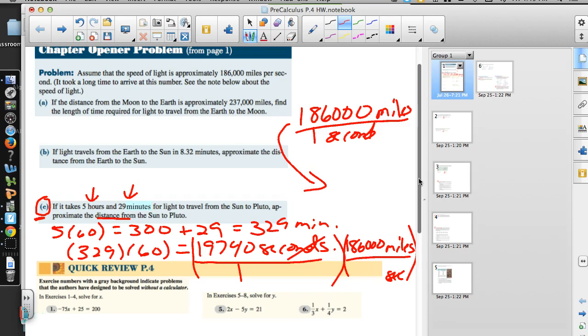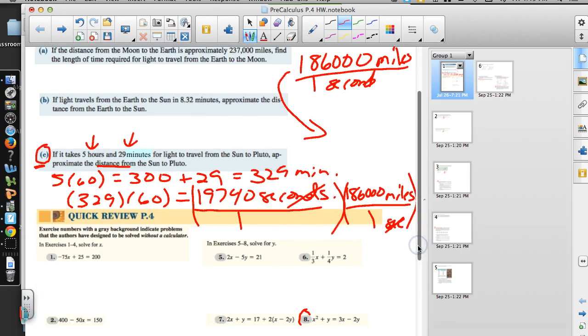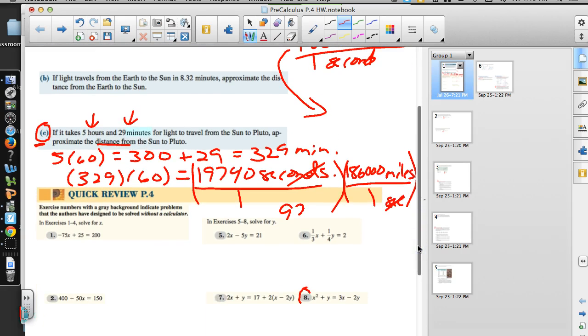So I need to take 19,740 times 186,000 miles in 1 second so that those second pieces will drop out. And that gives me 92,851,200 miles when I do that. So that is the first one that you had asked about on this page.